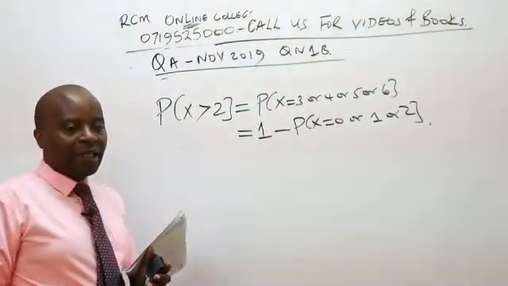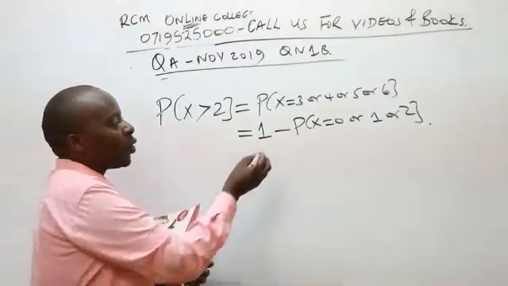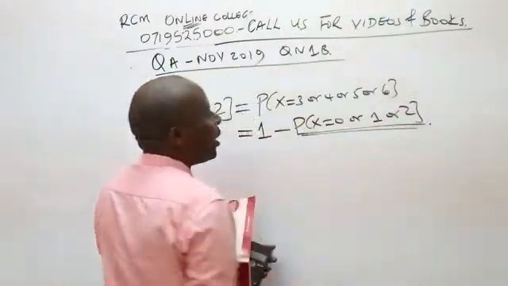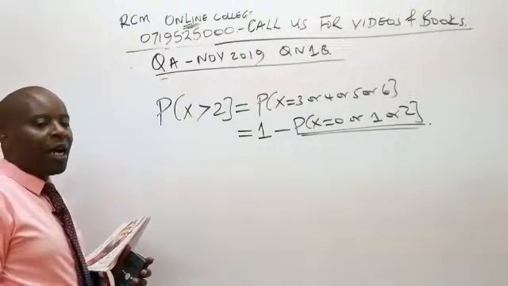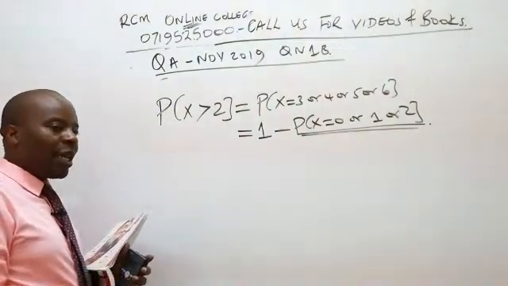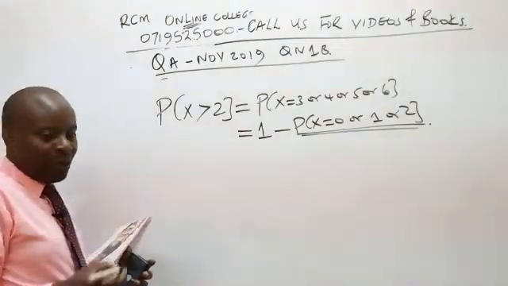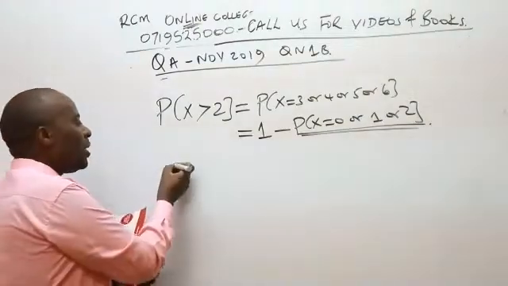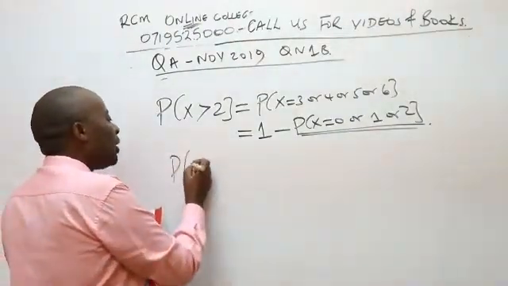Great, I like this. So this time around, they want us to evaluate these using a Poisson distribution. If it is Poisson distribution, I know how this distribution looks.